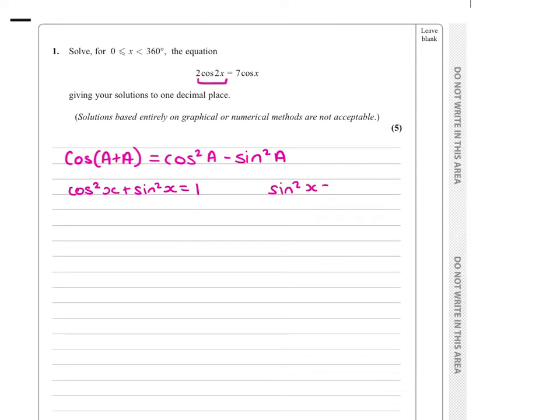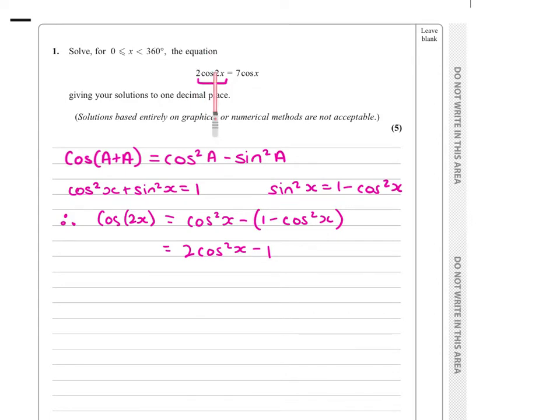So therefore, cos of 2x actually equals cos squared x minus 1 minus cos squared x. So we're going to end up with 2 cos squared x minus 1. A lot of you should remember cos of 2x equals 2 cos squared x minus 1.